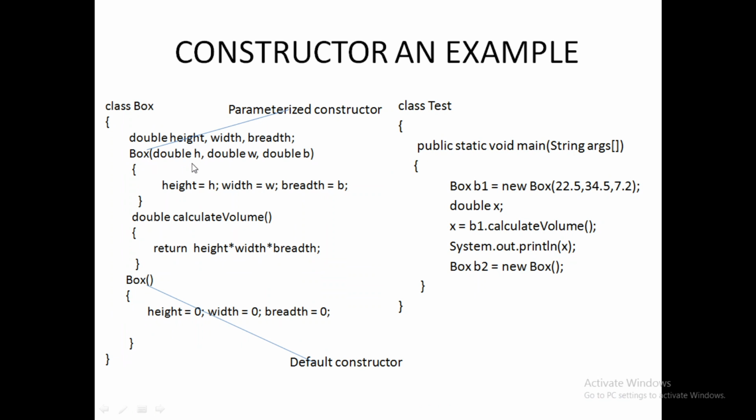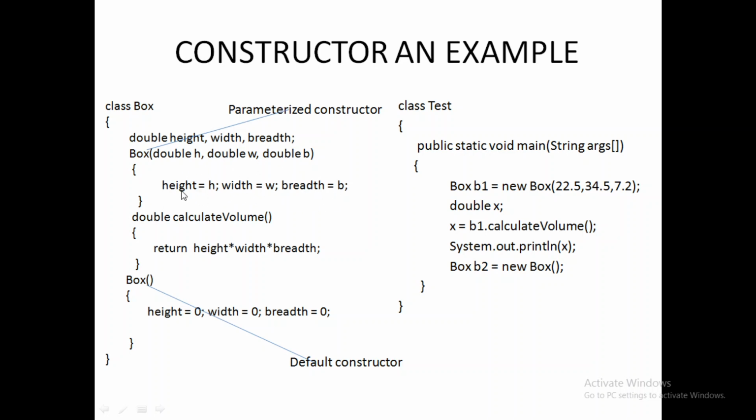Now this method is known as a constructor, and I have used the constructor here to create an object and to initialize it. So here the object gets created and this set of values is passed into the constructor and the instance variables get initialized.